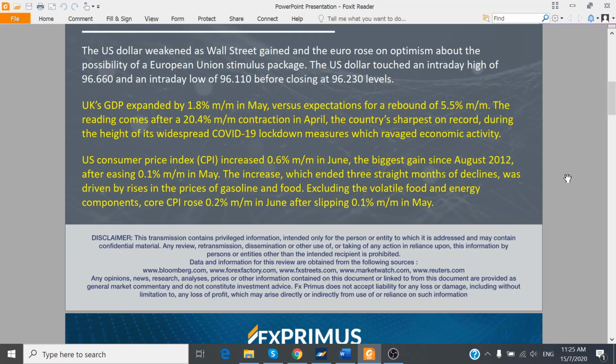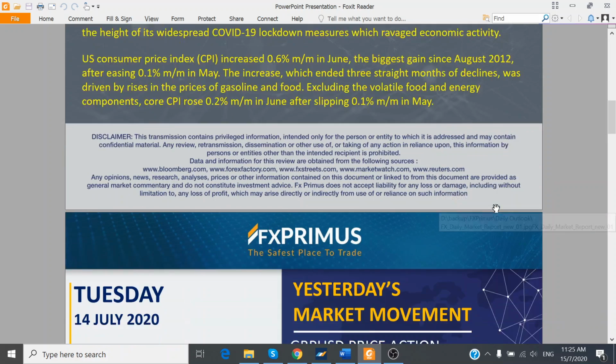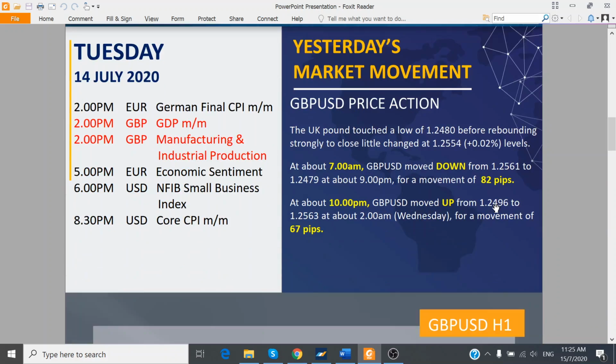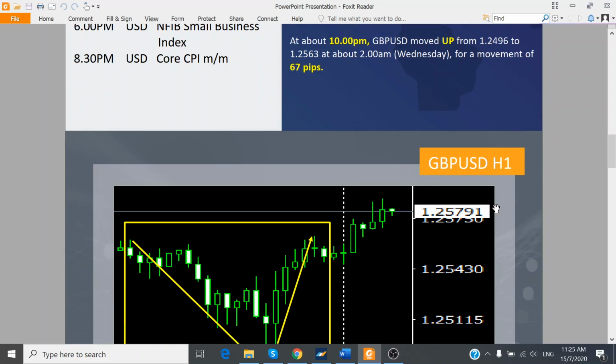And again, it is technically some good news in terms of consumer spending. So we see this as a major gain since August 2012. And of course, this also ended 3 straight months of declines. So all of these are additional items.